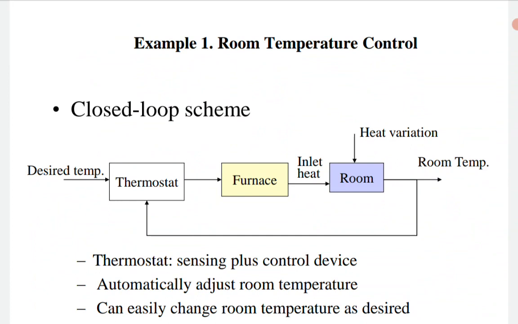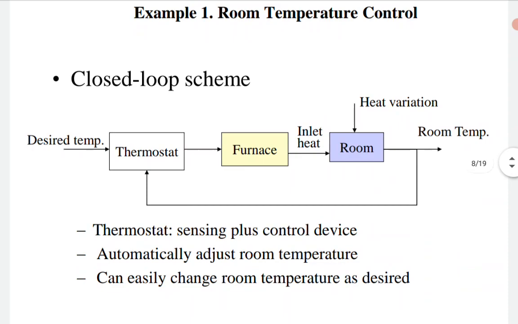Another external factor is heat variation, which goes on externally, and correspondingly the room temperature is generated and can be controlled with the help of the thermostat. What is the job of the thermostat, what is its working principle? The thermostat works as a sensing plus controlling device, and automatically adjusts the room temperature, so it can easily change the room temperature as desired.